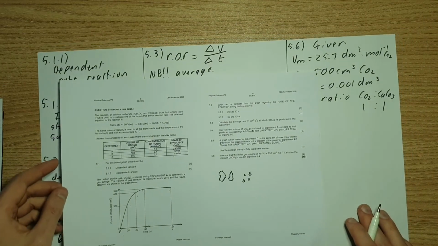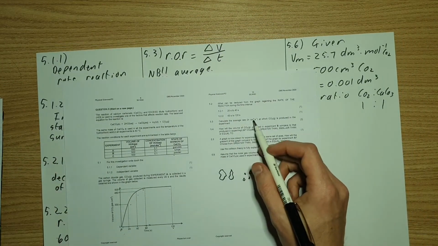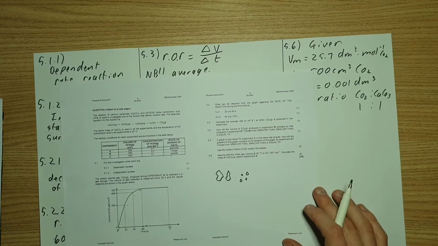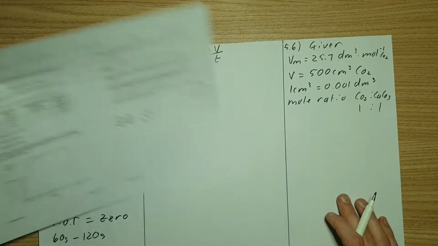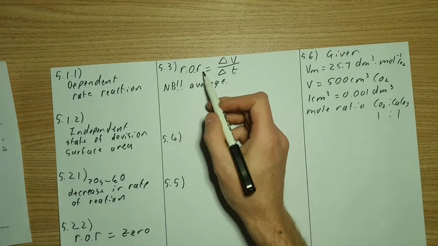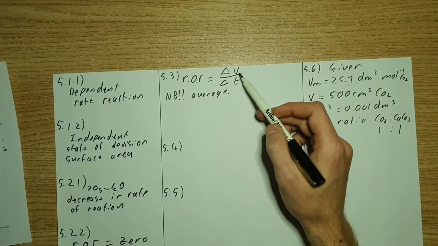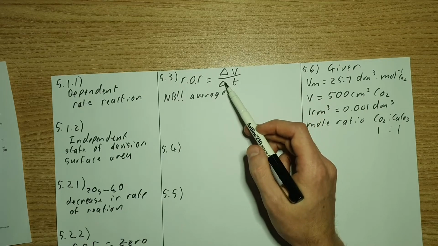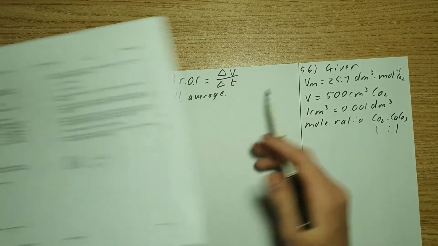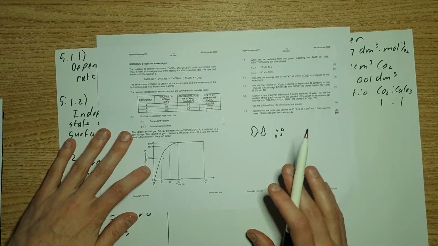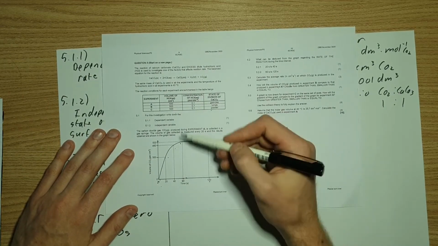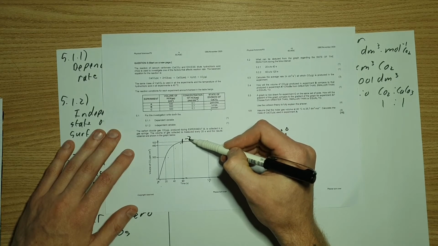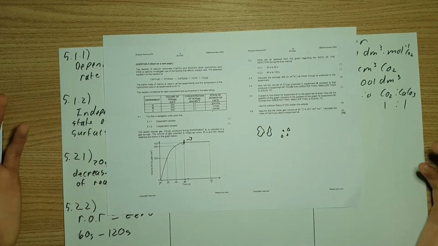Now 5.3 says calculate the average rate in centimeters cubed per second at which CO2 gas is produced in the experiment. You should remember that the rate of reaction is the change in volume over change in time. But now they said the average, which means we have to take into account the entire time period for which the reaction took place. From 60 onwards it's constant volume, which means no rate of reaction.